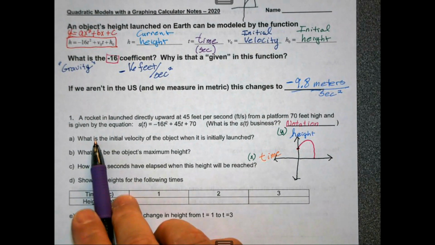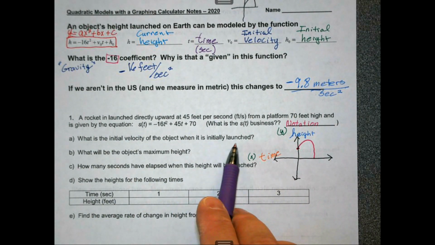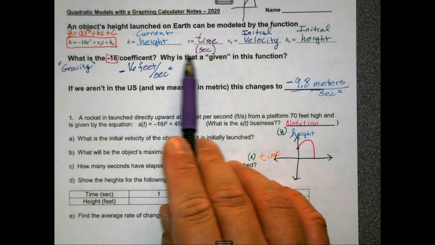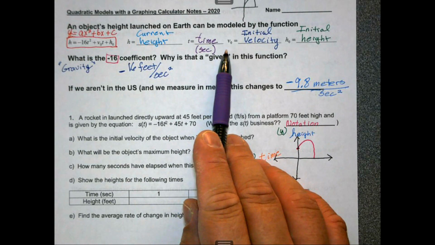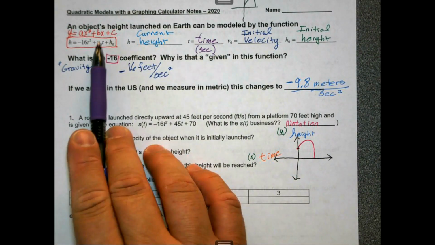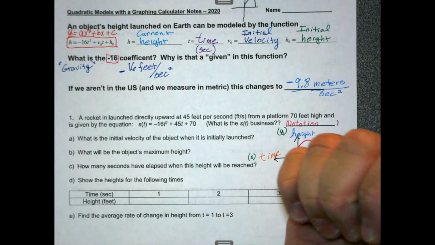What is the initial velocity of the object when it is initially launched? Well, if we go back to our definitions, we're looking for the initial velocity, which is v sub 0. V sub 0 is the coefficient of the middle term, right? It even says what it is.